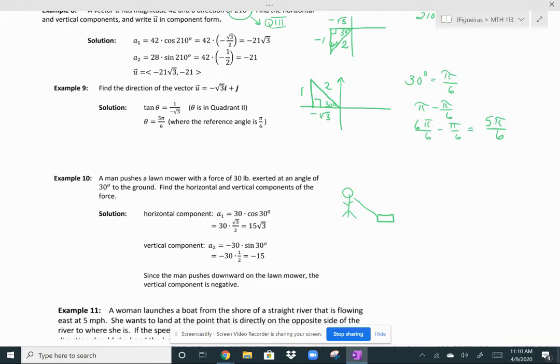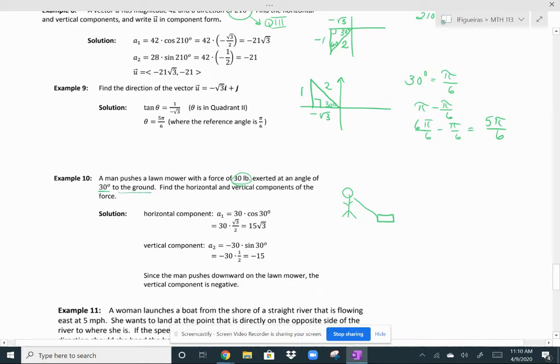So the force that will make it move forward is our horizontal component, and the force that'll push it downward so that it's actually cutting the grass and making pressure along the ground is our vertical component. So the magnitude is the force that the man is exerting on the lawnmower, and the direction is the 30 degrees. And to the ground will be important because we know he's pushing downward.